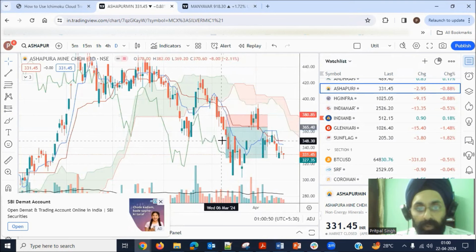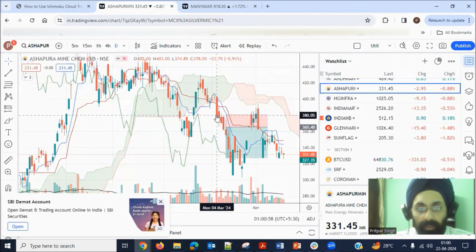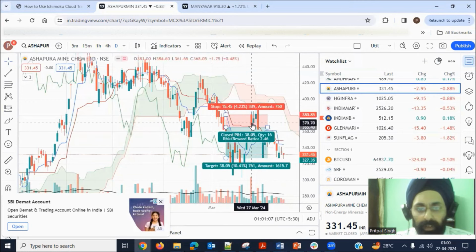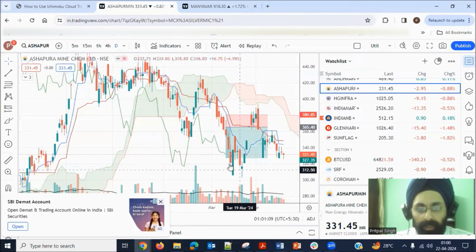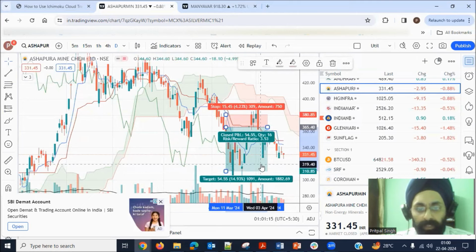The crossover signal came on 7th of March, and I am placing my stop loss above that candle. 7th March high was 378.5. I am placing the stop loss at 380.85, and my stop loss was 4.23%, and my final target was 310.85, which is 14.93%, and risk reward was 3.53.